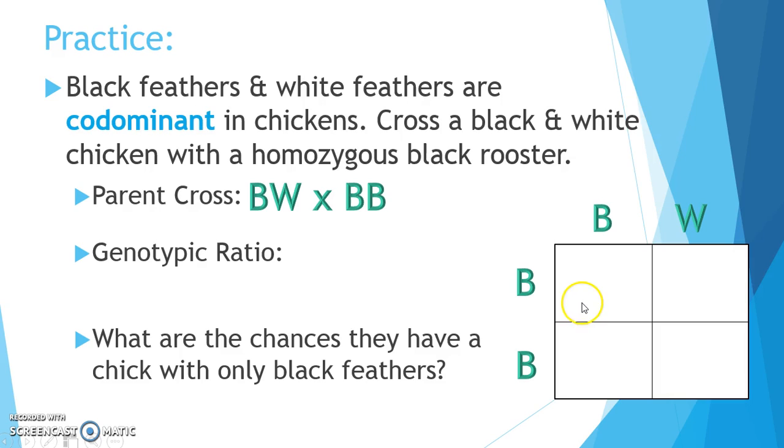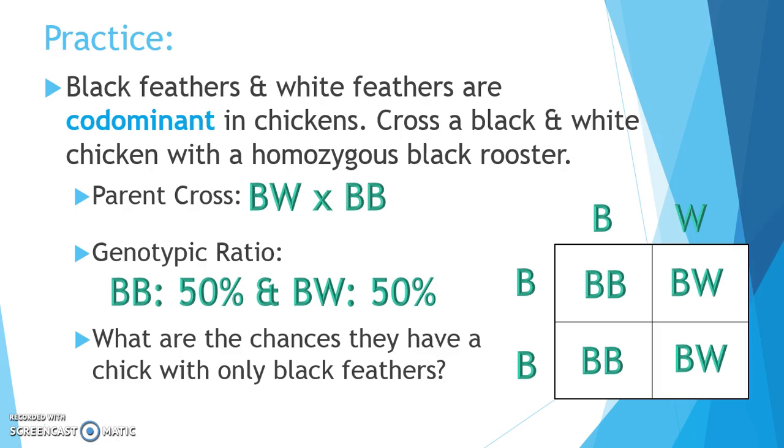Okay? So the first box would be homozygous black. The next one would be heterozygous, BW, keeping my B's first. The next box, homozygous black. And the last box would be heterozygous. So when I do my genotypic ratios, I start with the first box, homozygous black, 50% for these 2 boxes, and heterozygous, 50%.